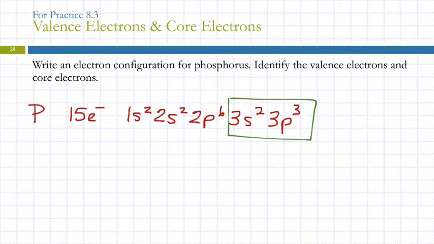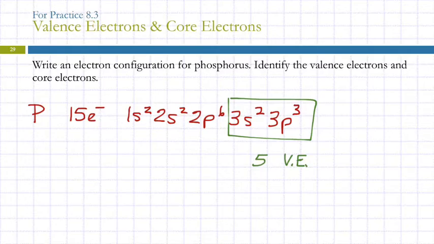How many valence electrons? 2 plus 3 equals 5. I often abbreviate the valence electron as VE. Not to be confused with Victory in Europe Day, but VE. And when we look at the periodic table, what group is phosphorus in? It's in group 5A.